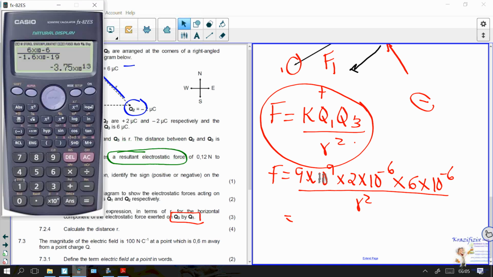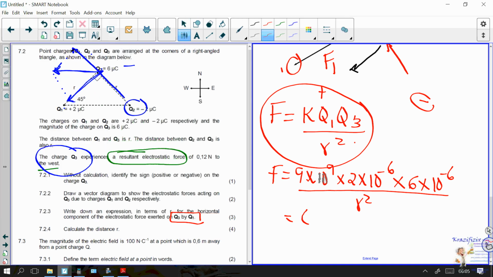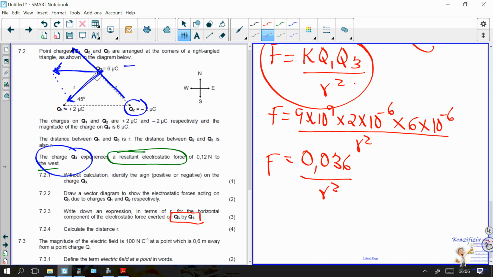Running to our calculator quickly, we have 9 times 10 to the power 9 times 2 times 10 to the power negative 6 times 2 times 10 to the power negative 6. What do we have? We actually have 0,036 over R squared. That is my F. But that's not my answer, because the question now wants the horizontal component.